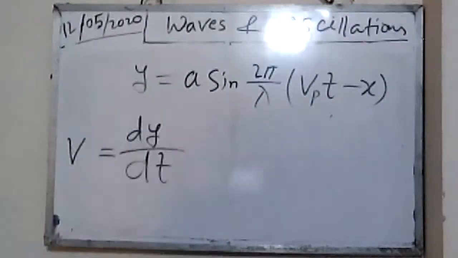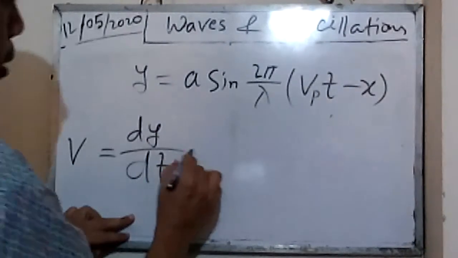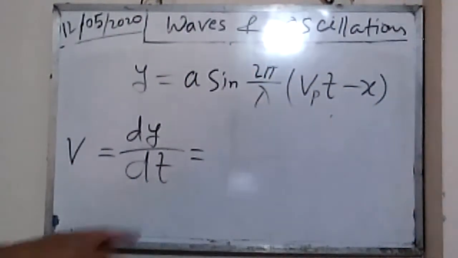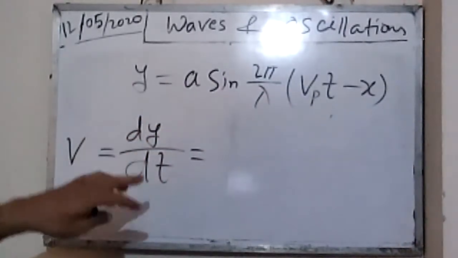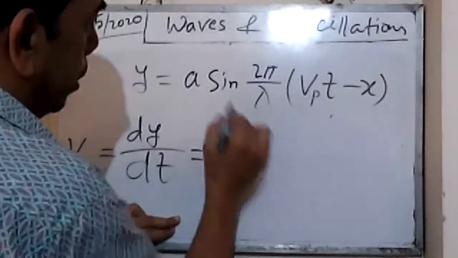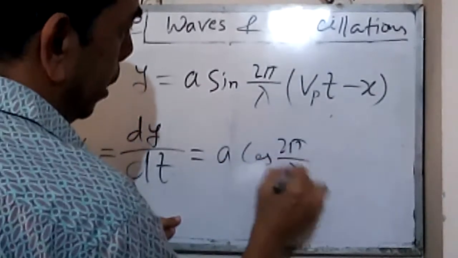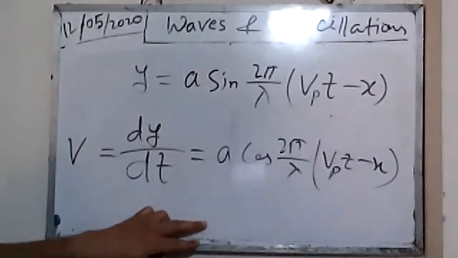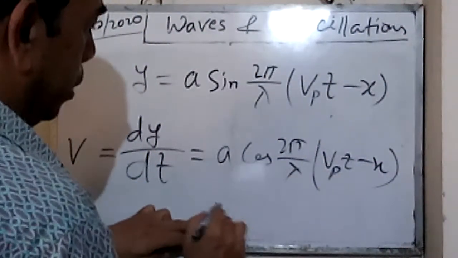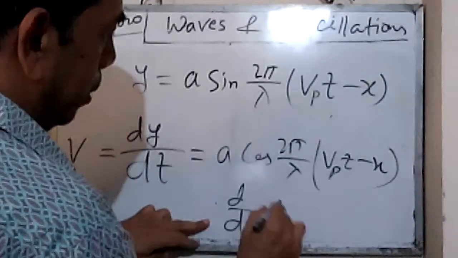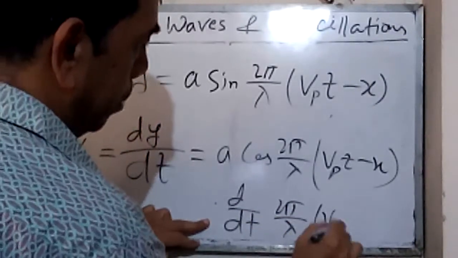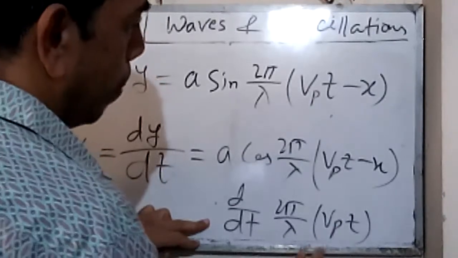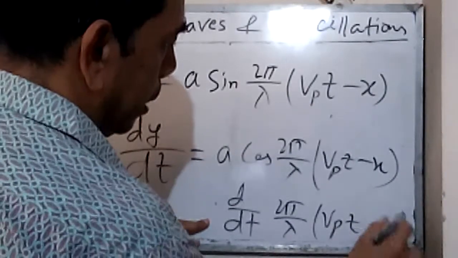Okay, differentiate this one. We get a cos 2 pi by lambda (vpt minus x), then again into d by dt of 2 pi by lambda (vpt minus x).